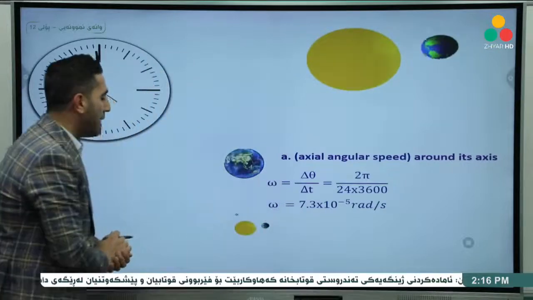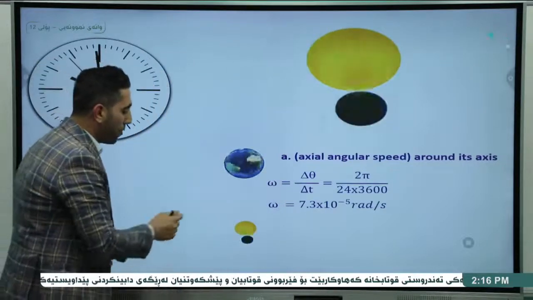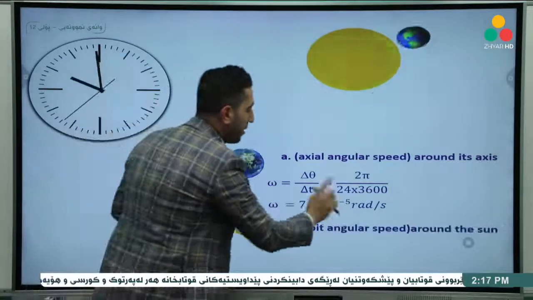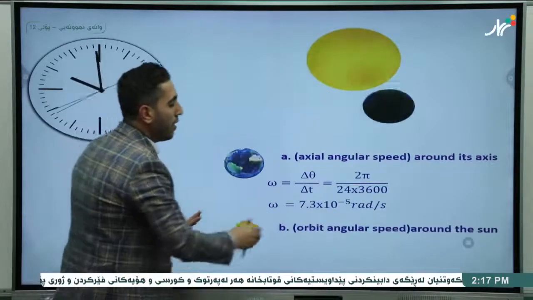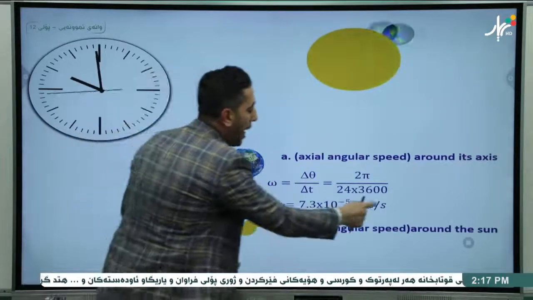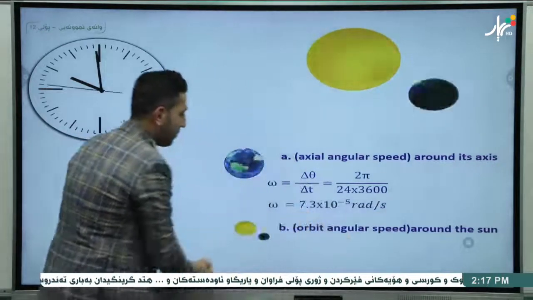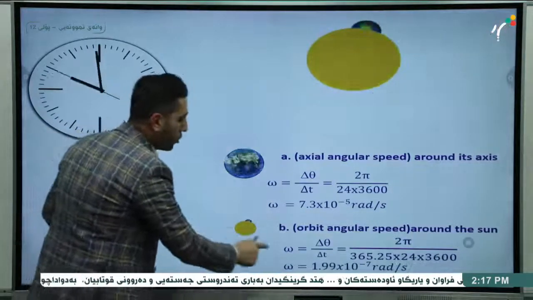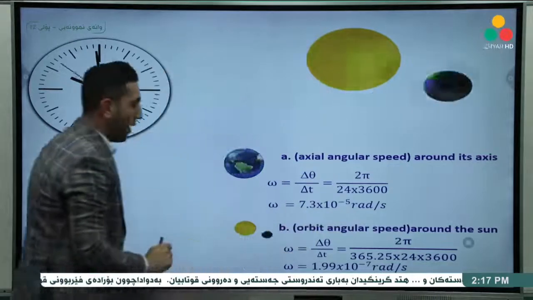And Earth has another motion about the Sun, which we call orbital angular speed. For one revolution, delta theta is equal to 2 pi rad.